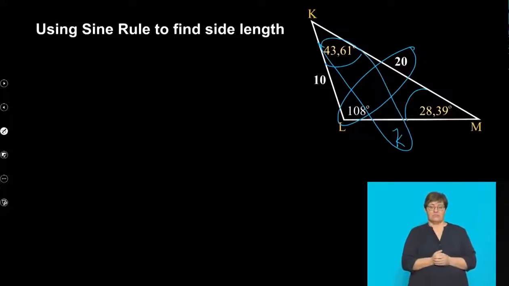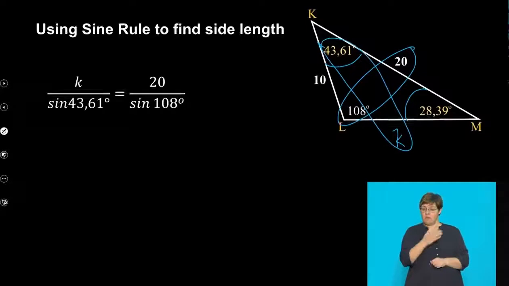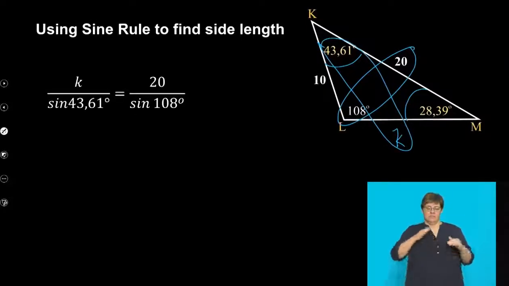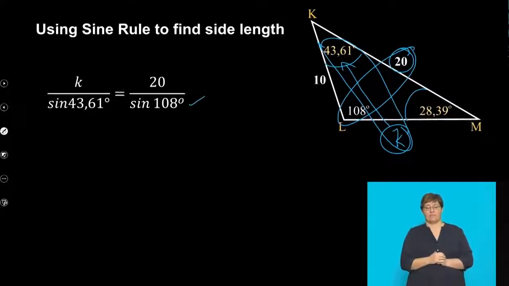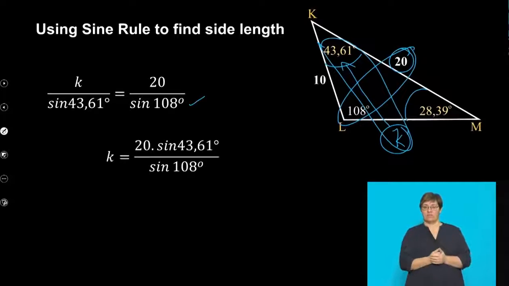Again, our full pair and our half pair. We're going to start off with what's unknown. Because we want to find k, we're going to say k over sine of 43,61 will equal this pair here. So it will be 20 over sine of 108, and that's the equation we've set up. We make k the subject of the formula again by multiplying throughout by sine of 43,61.